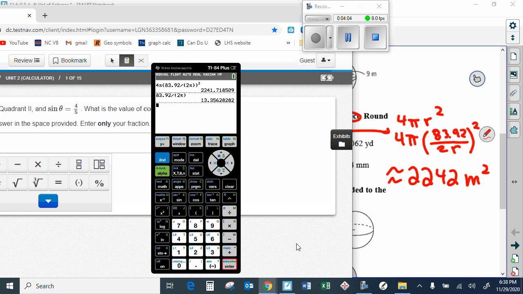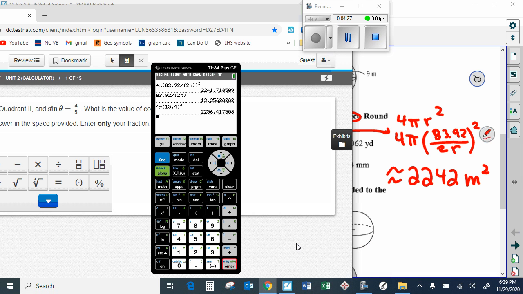So now I'm going to go 4 pi times 13.4 squared, and you get 2,256. Notice that's quite a bit off from 2,242 as being the right answer. You cannot round early.